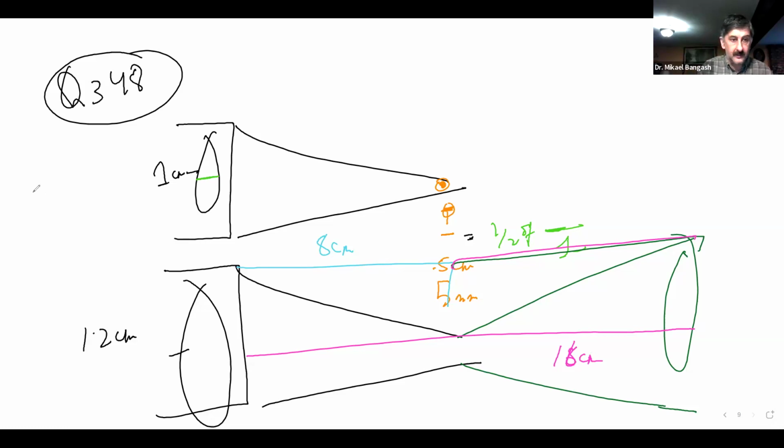And pretty much that's the same as what we have done in this question when we talked about the beam. It is going to be 1.2 centimeters as well, because it's twice the focal depth.